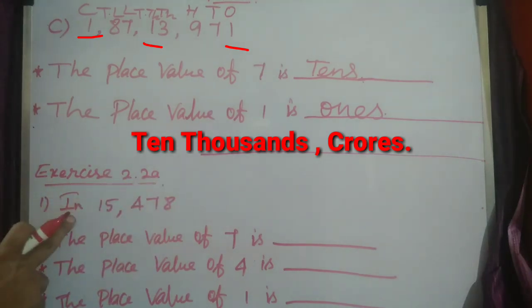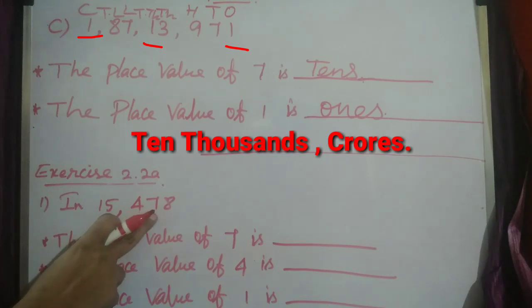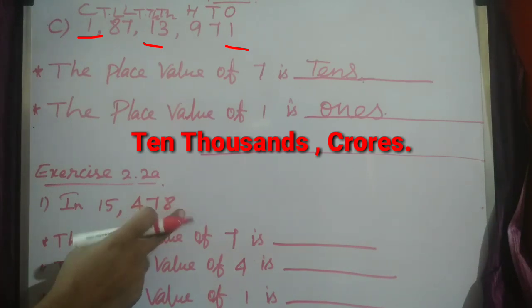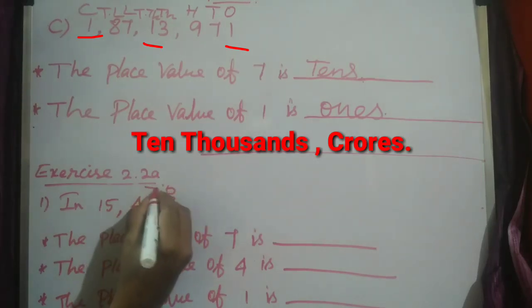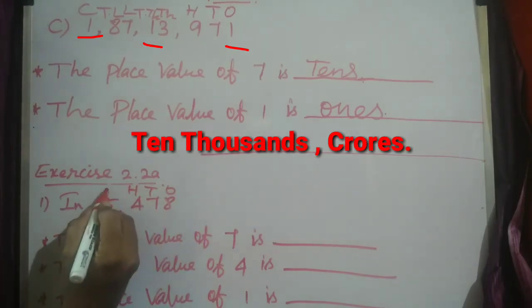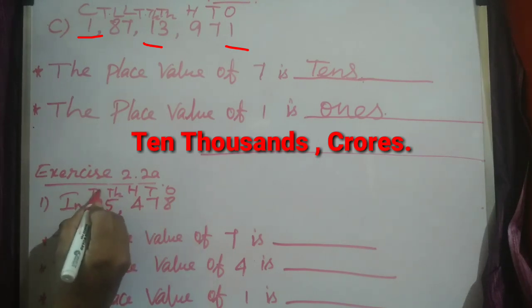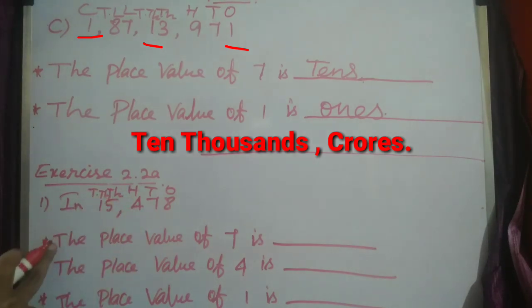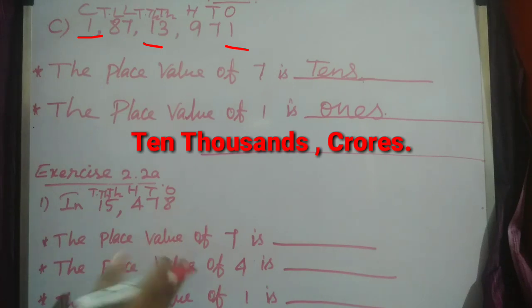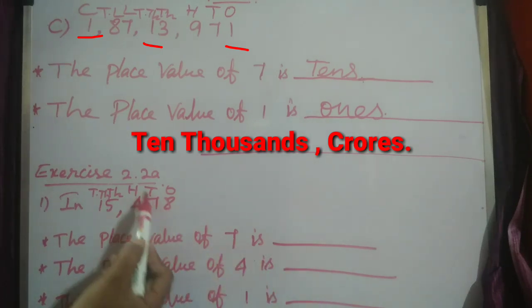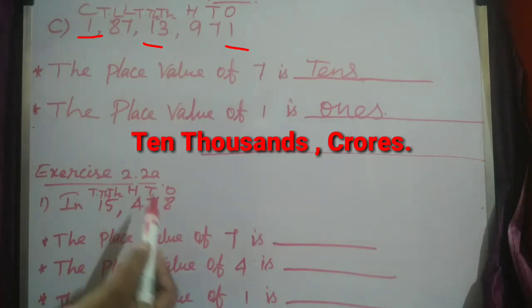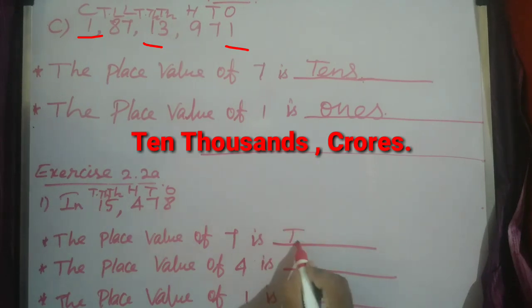Now see exercise 2.2a. The given number is 15,478. Write the place values from right to left: ones, tens, hundreds, thousands, 10,000s. The place value of 7 is dash. It occurs in the tens place. 7 into 10, 70. So the place value is tens place. Next one.